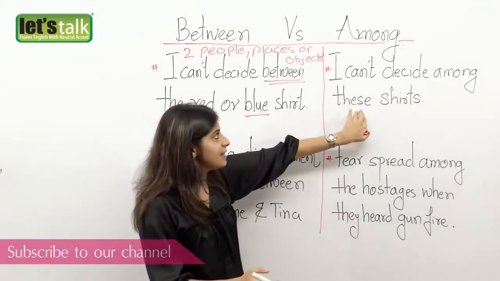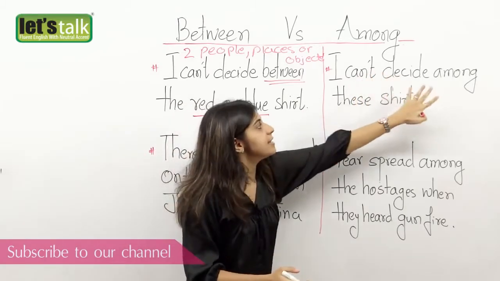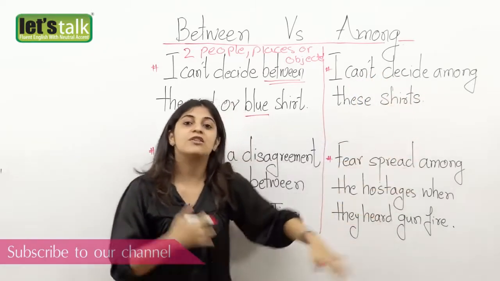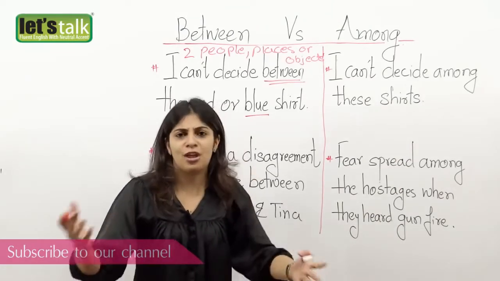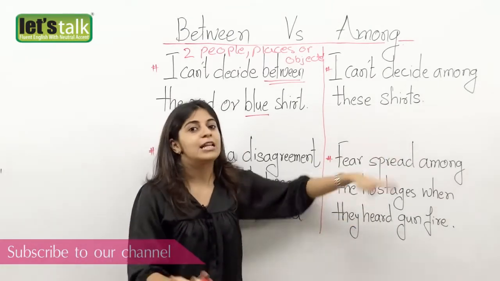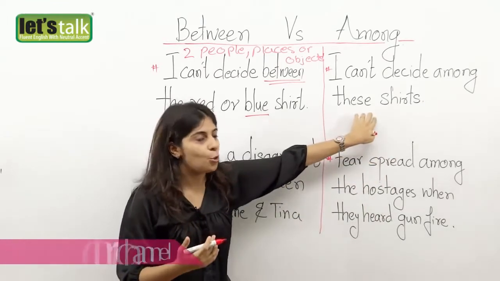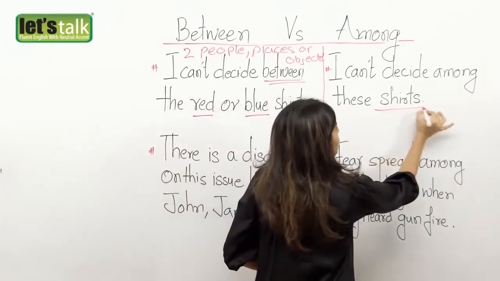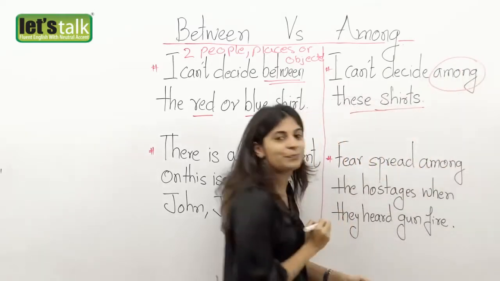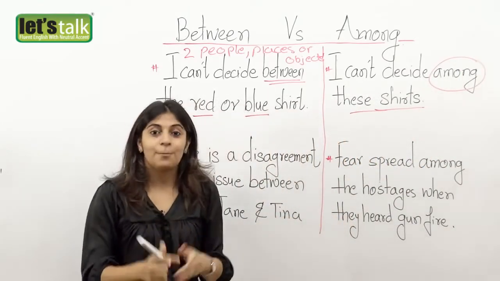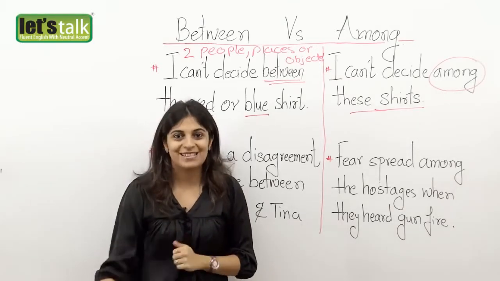So this sentence implies that I can't decide among these shirts. This means you've gone shopping and you have so many shirts in front of you that you're unable to make a choice. And that's why you're using the word among here. So you are talking about more than two things, right?